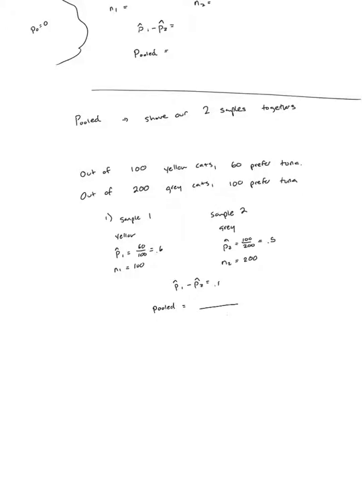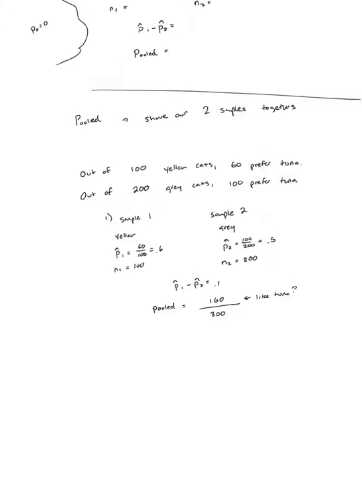So if we think about it like this, I have a total of how many cats? Well, I have a total of 300 cats, right? And out of those 300, how many like tuna? Essentially, I've said, okay, I don't care about the color of the cat. Really, all I care about is cats in general. I had 300 cats, and out of those 300, 160 of them prefer tuna.